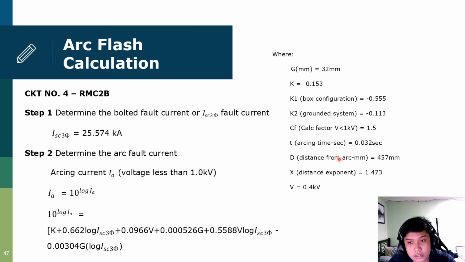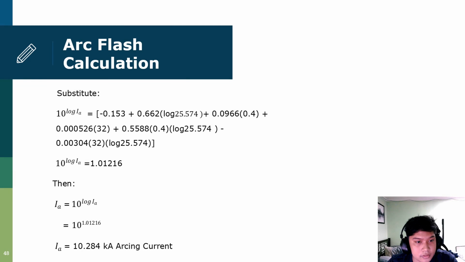And this one, these are the variables. Substituting the variables to the formula, the result of that is 1.01216. Substituting this value to this, 10 raised to 1.01216. Our arcing current is 10.284 kiloampere.